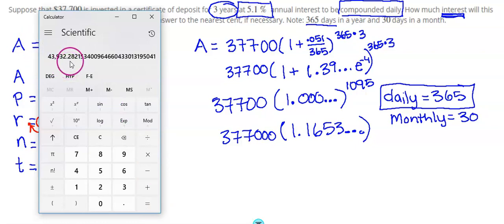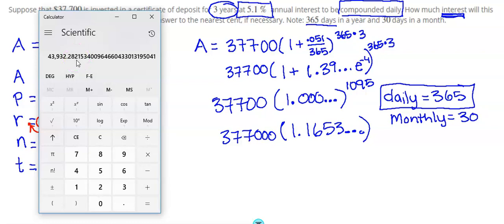Now I round. The second place after the decimal is your cent place. So there's the first place after the decimal, that 2. The 8 is the second place after the decimal. Rounding says I look to the right, so this 2 here on the right of the 8. If this number is 5 or more, I would add 1 to the 8 and drop everything.